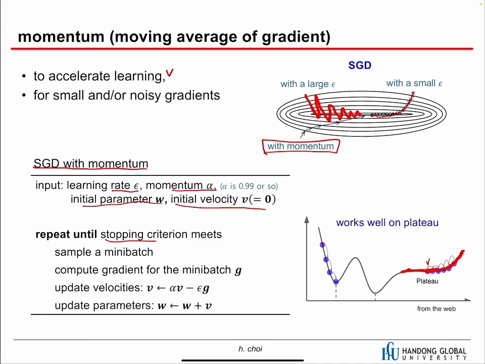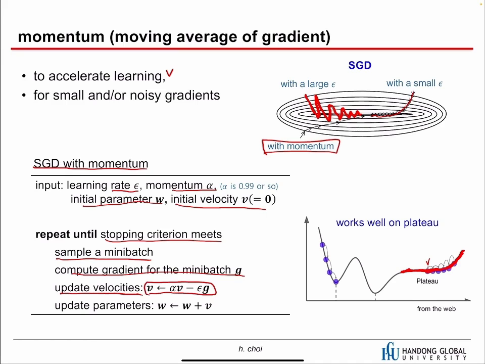Then we have a stopping criterion, and we take a sample as in SGD and calculate the gradient. So far it's the same as before, and then instead of updating the parameter directly, we update the velocity first, like this.